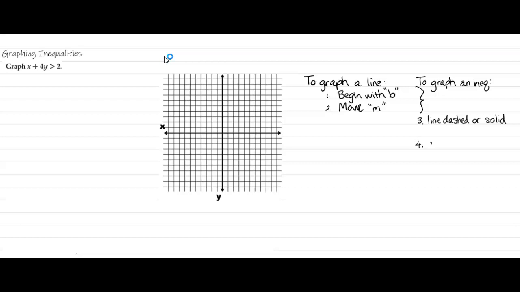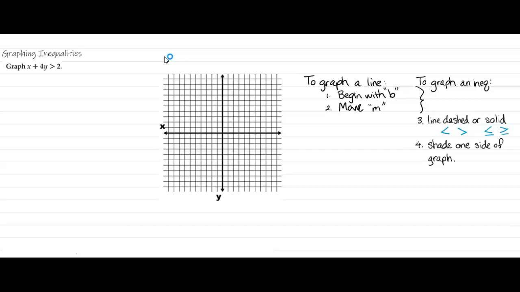And we also need to shade one side of the graph. We're either going to shade above the line or below the line. Now the line is going to be dashed if it is strictly less than or strictly greater than. It's going to be solid if it's less than or equal to or greater than or equal to.